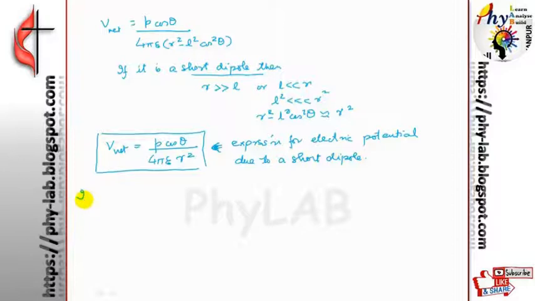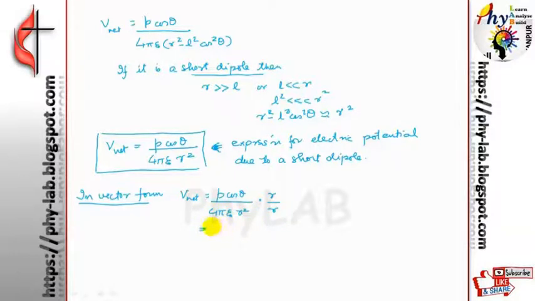Now friends, the same result can be written in vector form. Suppose this result has been asked to be expressed in vector form, then what should you do? Then V net can be written as, I am going to multiply the numerator and denominator by R. So P cos theta upon 4 pi epsilon naught R square, multiplying by R in numerator and denominator.